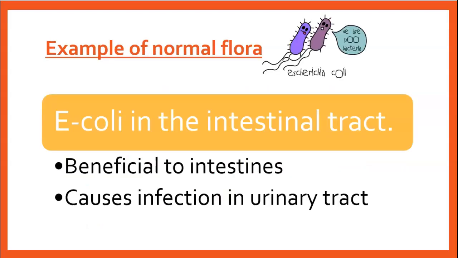It has a purpose there. It helps to benefit the intestines. But if that E. coli is transferred to the urinary tract, then it can cause an infection like a UTI or urinary tract infection. And so it's important to understand normal flora has its place until it's moved somewhere that it shouldn't be.